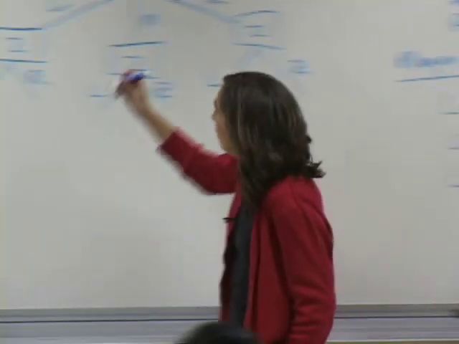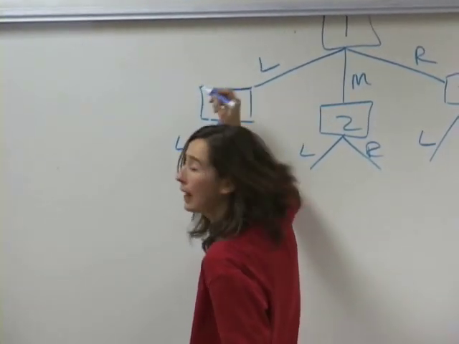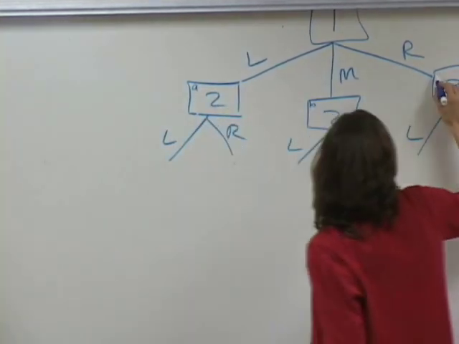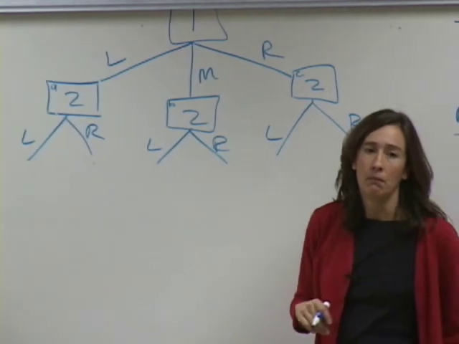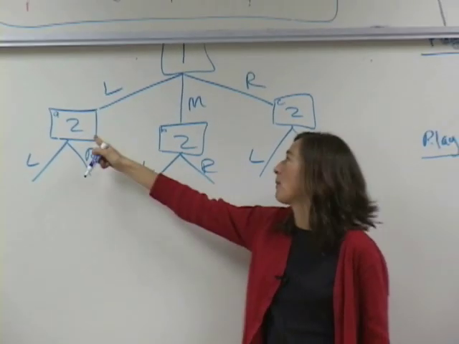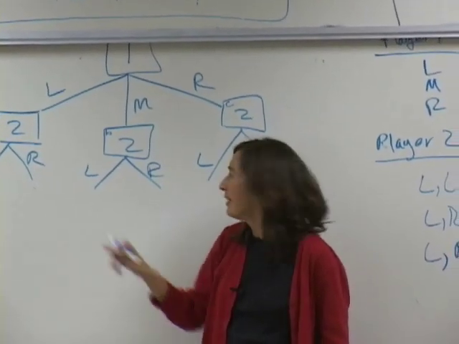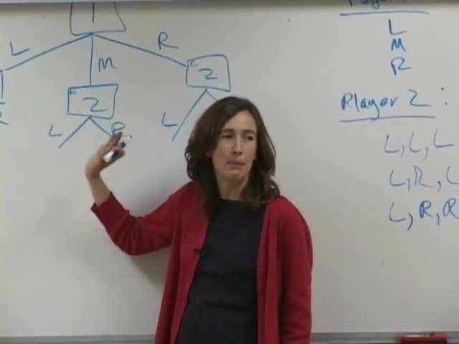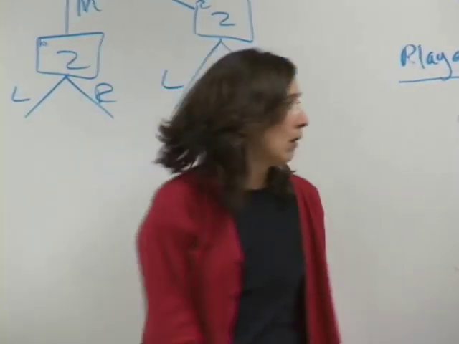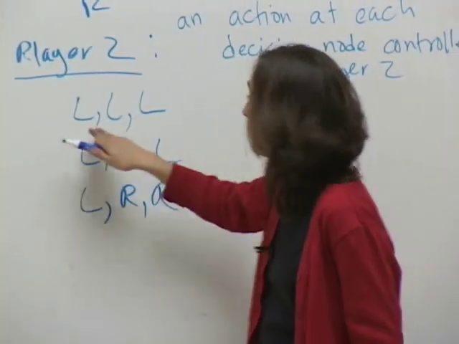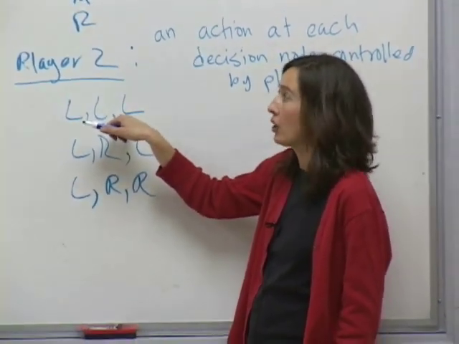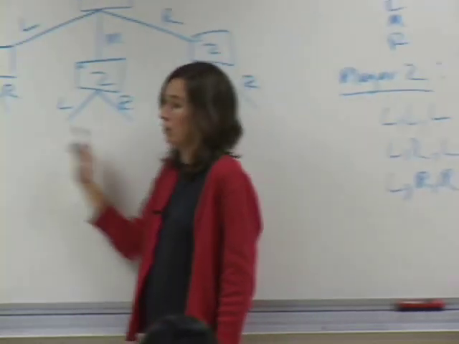Player 2 could be at node A, node B, or node C. If I wasn't already using numbers to represent the players, I'd probably number these 1, 2, and 3. It helps me remember that all 3 of these nodes belong to player 2. So what I'm doing here is thinking, what is a set of actions for each node?